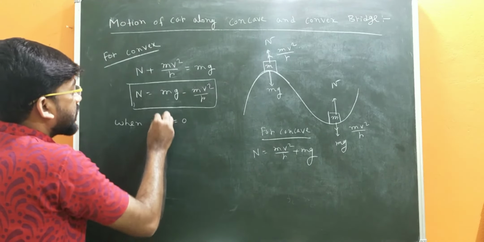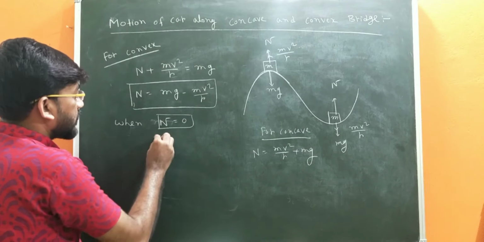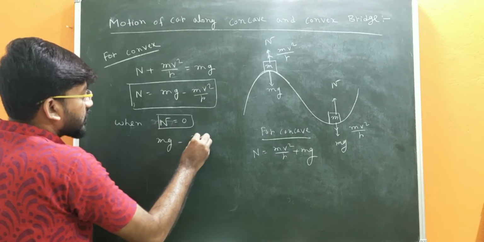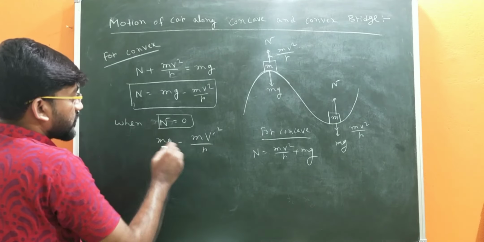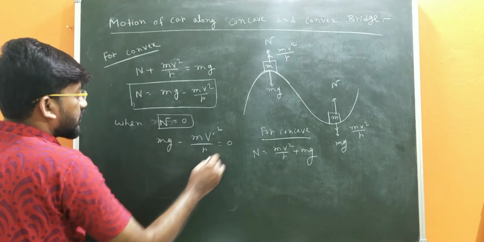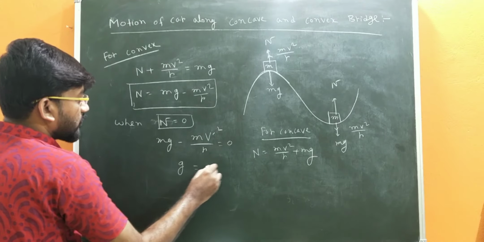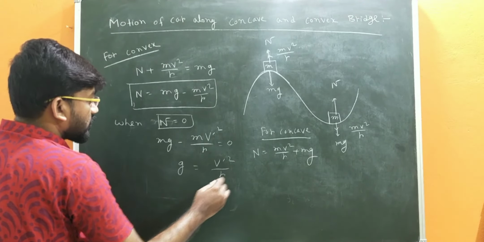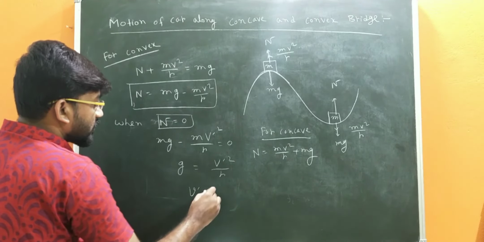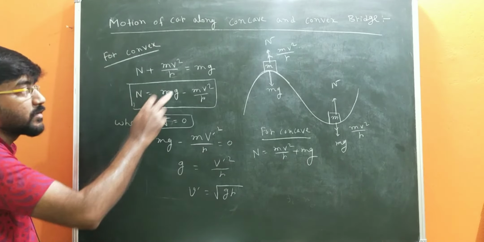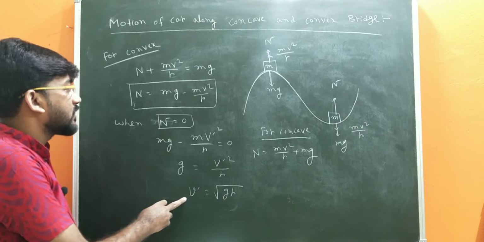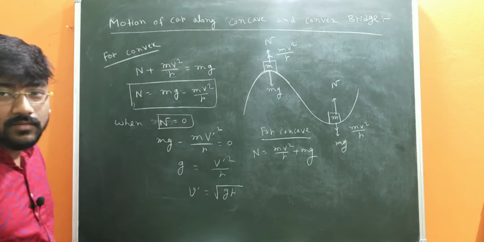So for N equal to 0, let me take the velocity as v dash, so mg minus mv dash square by r equals 0. That means g is equal to v dash square by r, so v dash will be root gr. From this, for the convex case, you can see the velocity should be less than this.